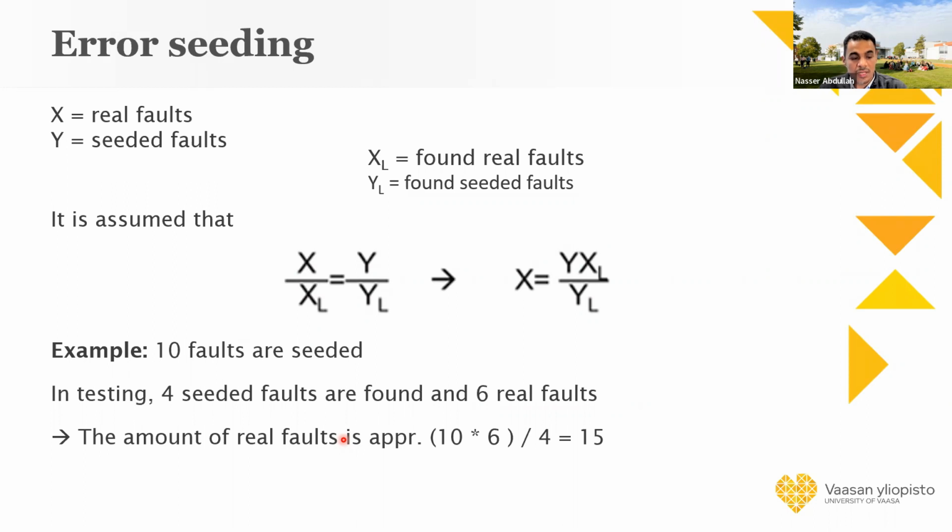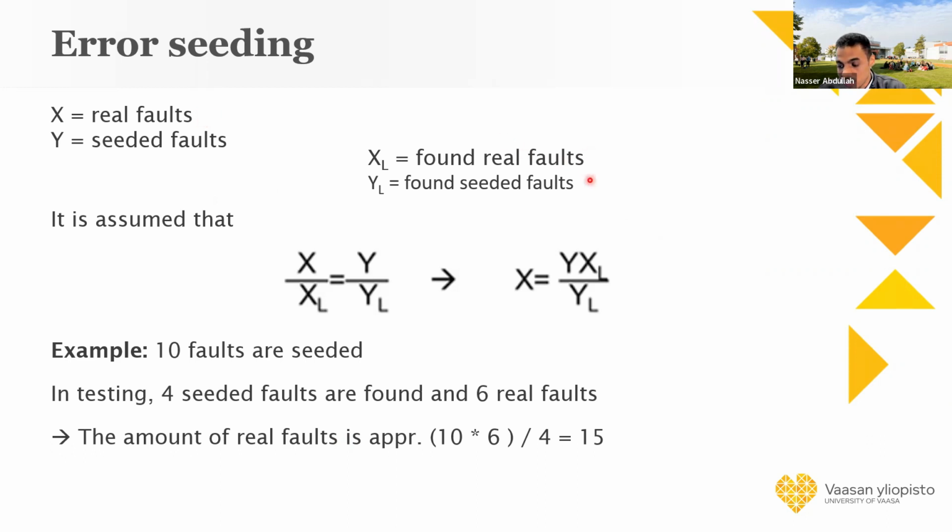So this also can help you to predict how many real faults are in your application. Real faults, meaning that there are also seeded faults, as mentioned here. For example, the seeded faults are added to your application, added to the code. And then, of course, there are some real faults.